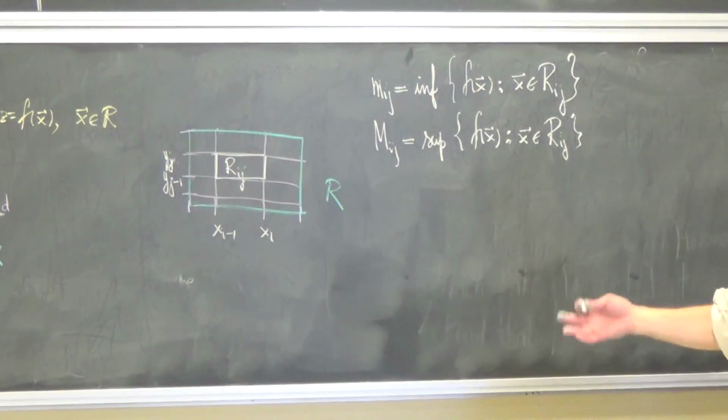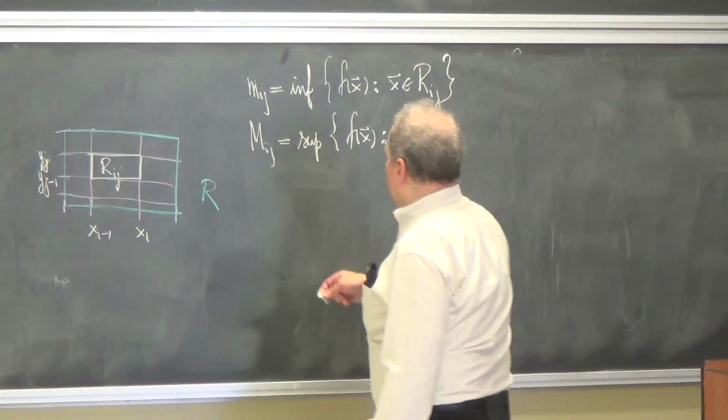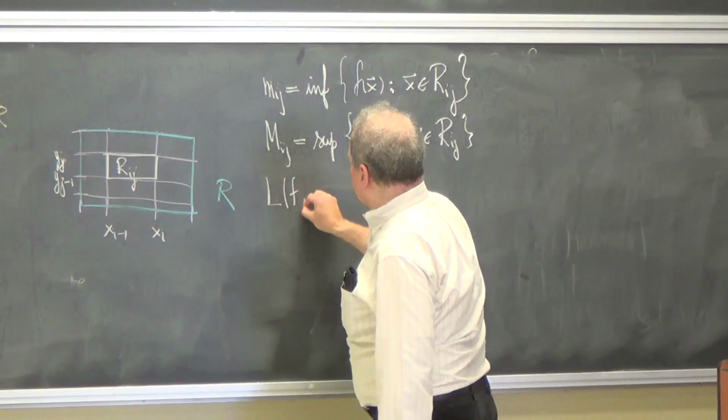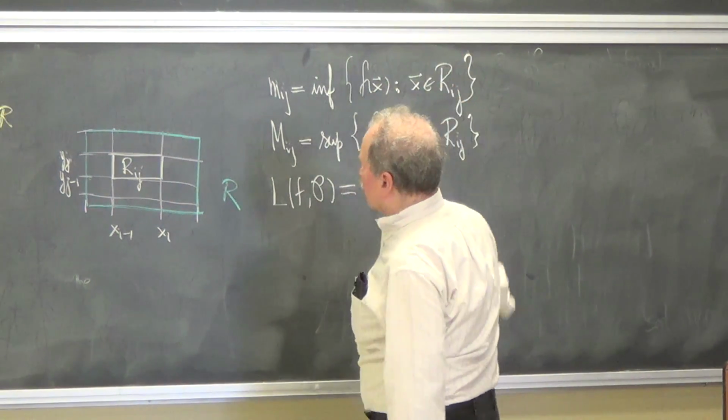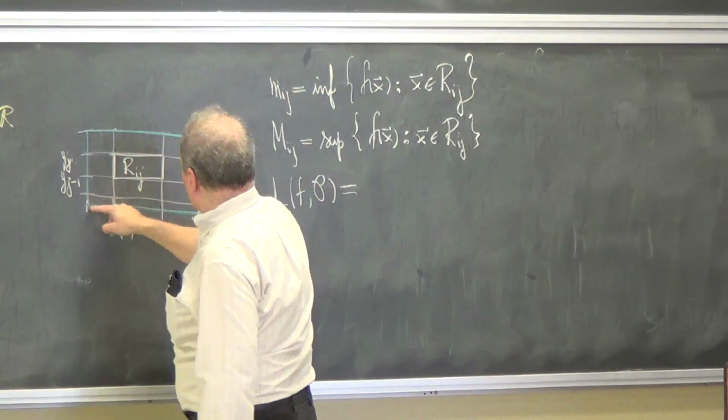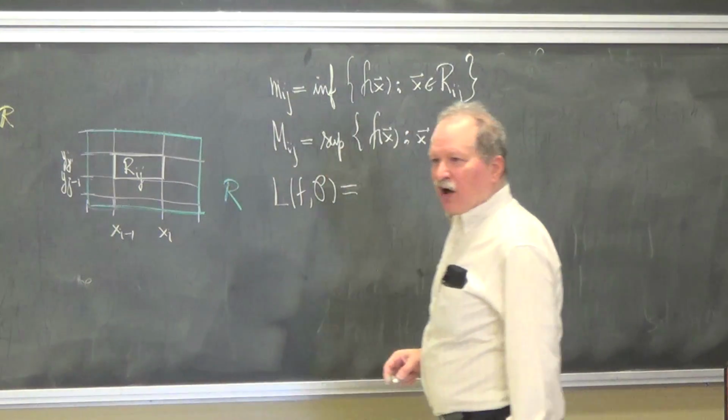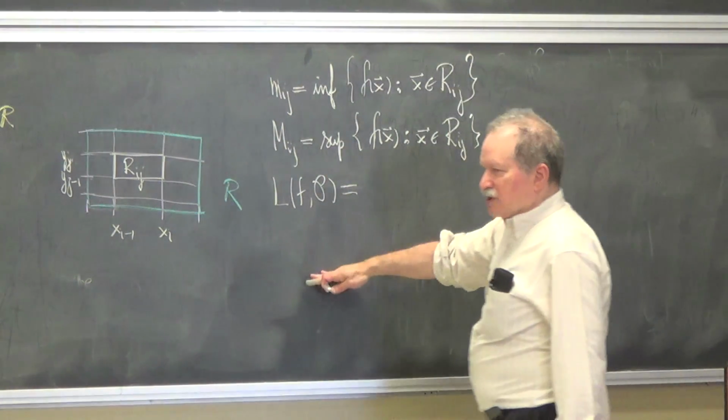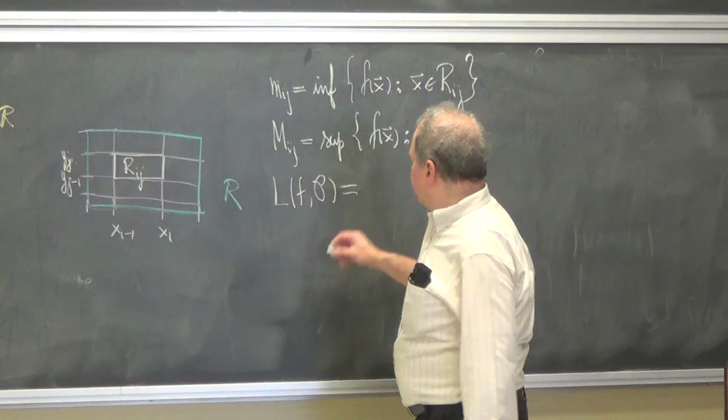And you add them up. So the lower sum, exactly analogous to what I was doing in one dimension, adds up over all these rectangles the inscribed volume, and the upper sum adds up the circumscribed volumes.